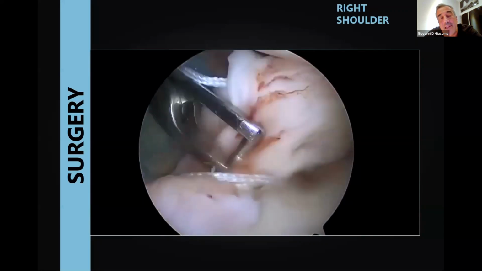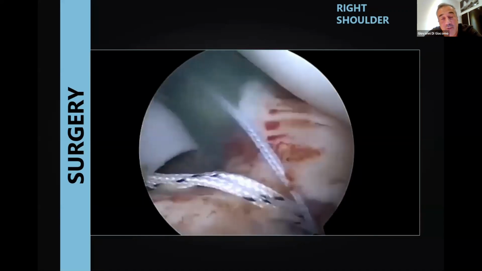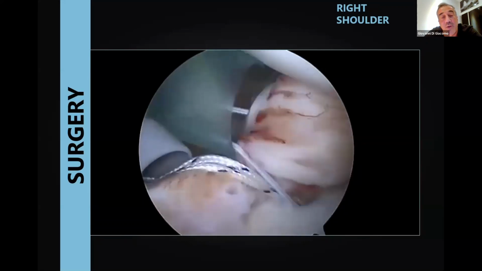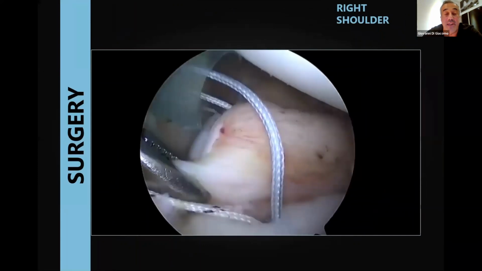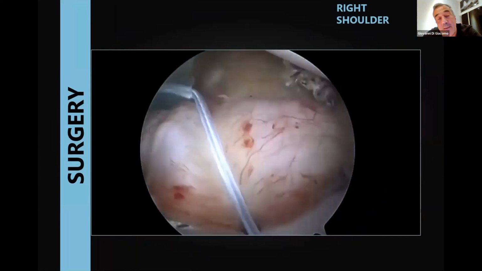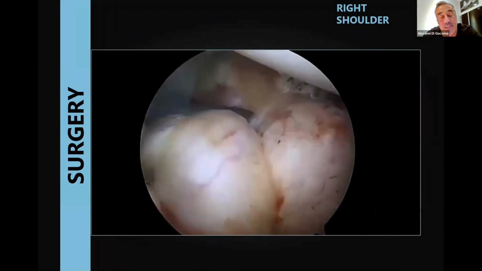But I think that the patient selection, the good quality of the tissue you are going to fix, and an excellent technique most of the time, if the patient selection is fine, you can have excellent results.